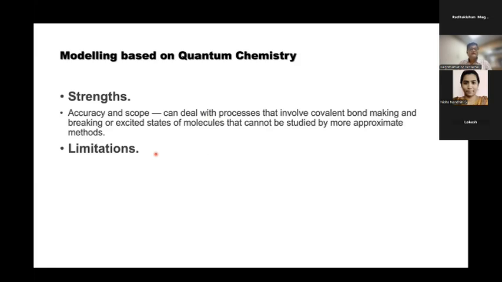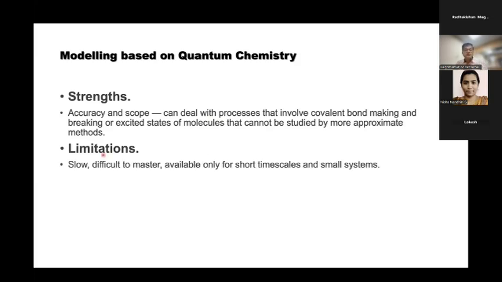Okay, that can be done. But the limitation is it's very, very slow, not because of the molecule, but because of the computation. You can do only short time scales and only smaller systems, not more than 100 atoms.